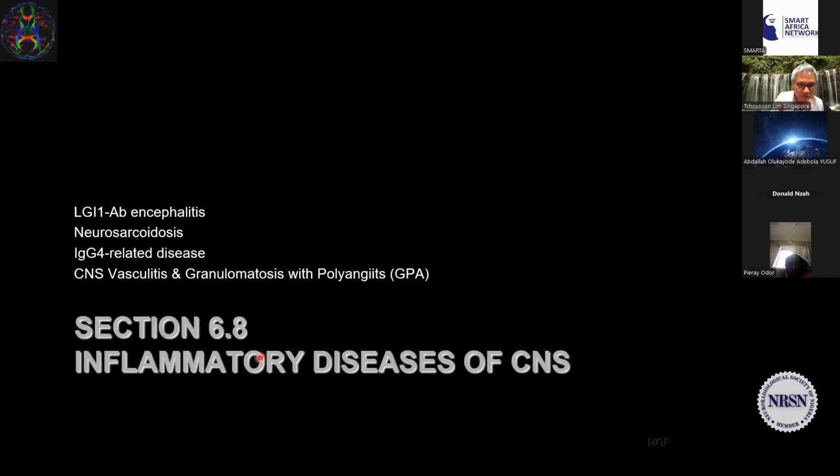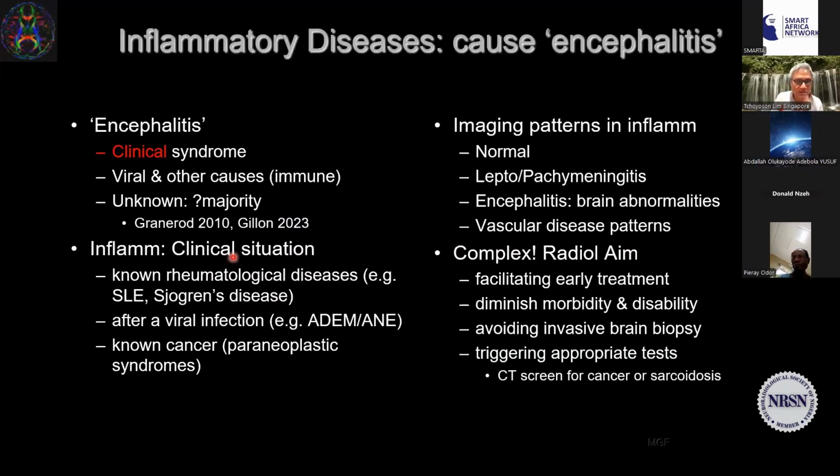Amongst the inflammatory diseases of the CNS, the LGI1 antibody encephalitis, neurosarcoid, IgG4, primary CNS vasculitis, and granulomatosis with polyangiitis, GPA, are the important ones we need to have at least a passing recognition.